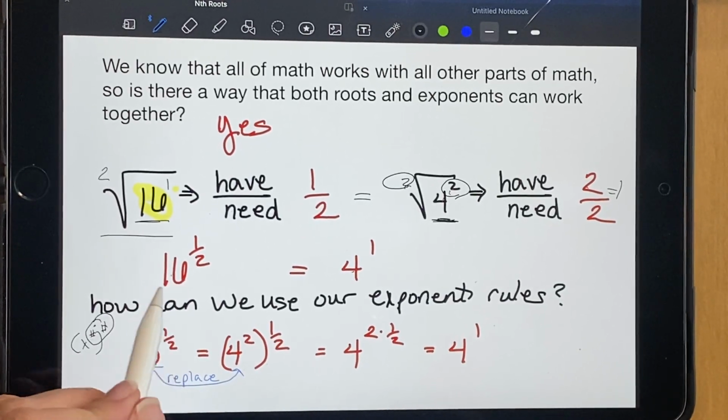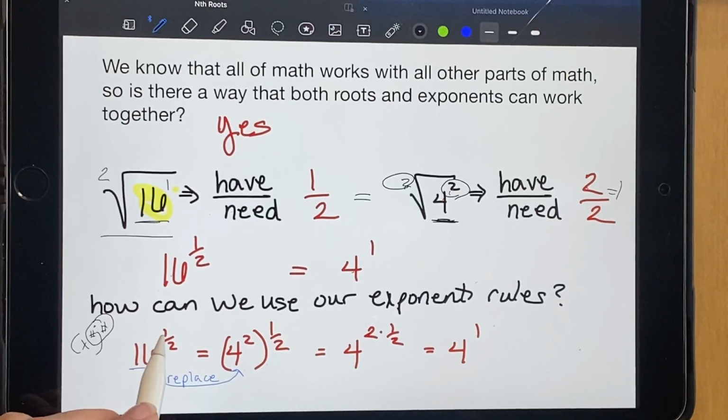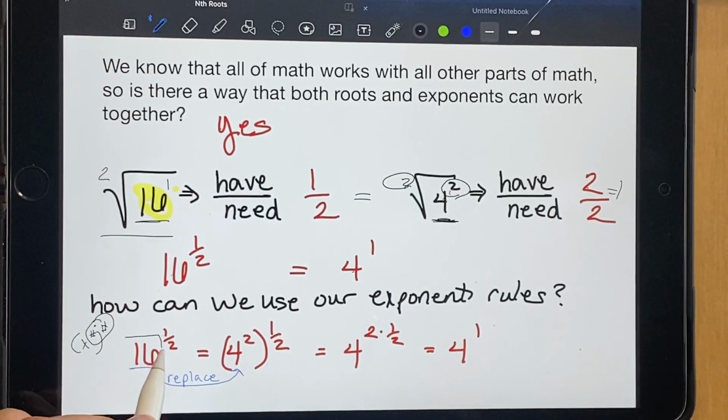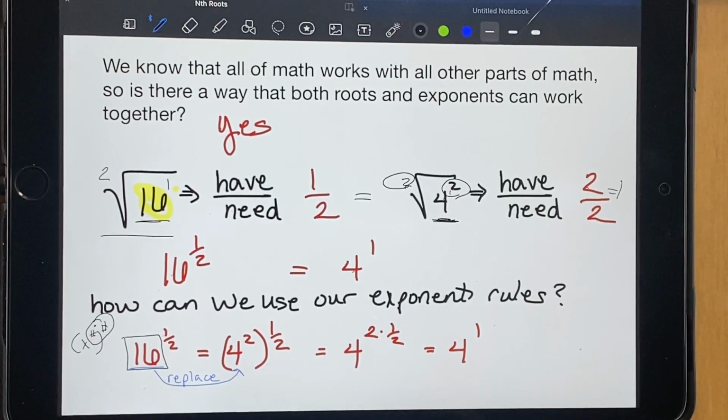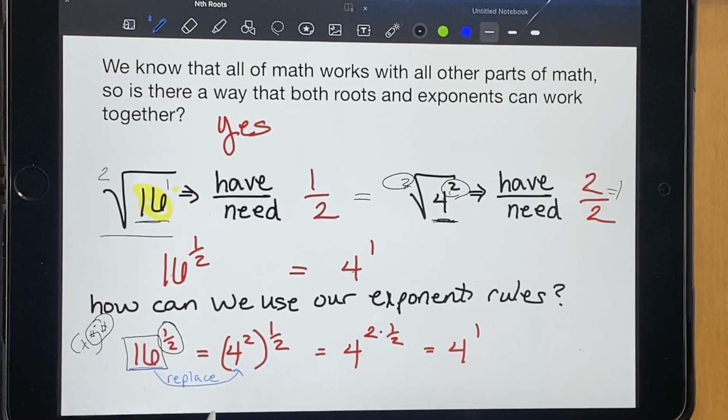So I'm going to take my 16. I have 16 to the 1/2, and I'm going to take just this 16 and say, I know that 16 is equal to 4 squared. So I'm simply replacing my 16 with a 4 squared. And I'm leaving my 1/2. So now I have 4 squared to the 1/2 power.